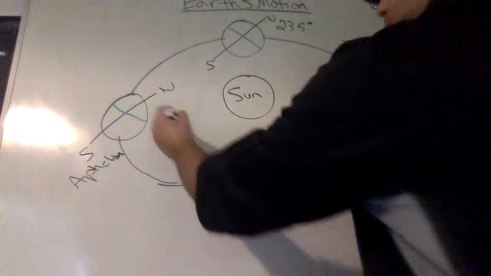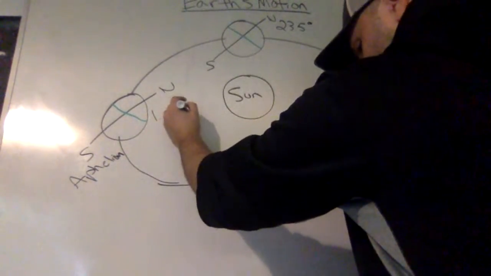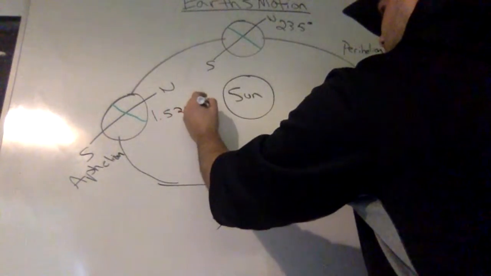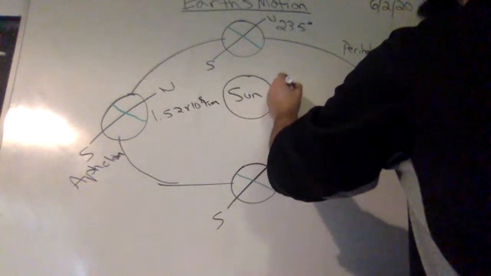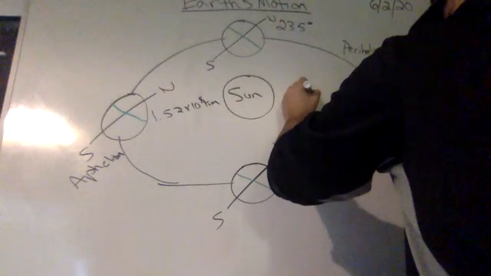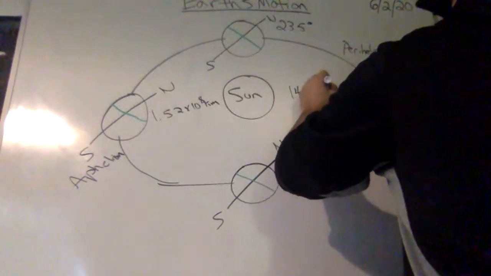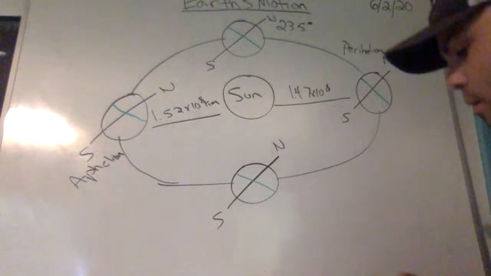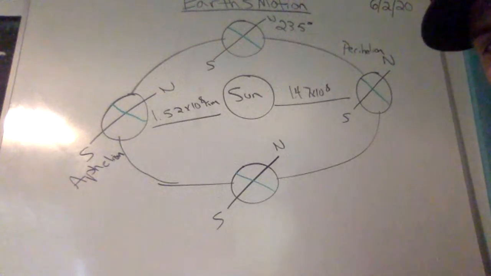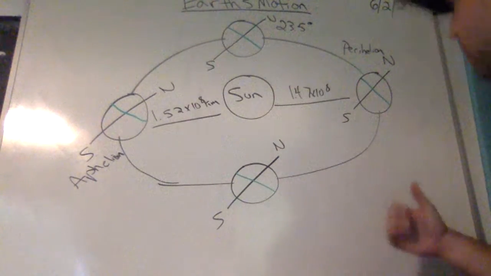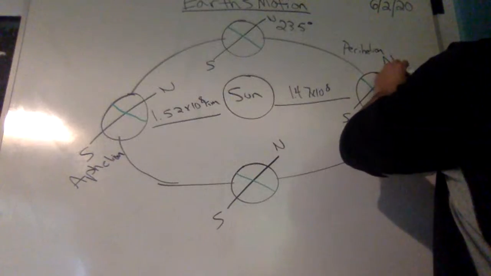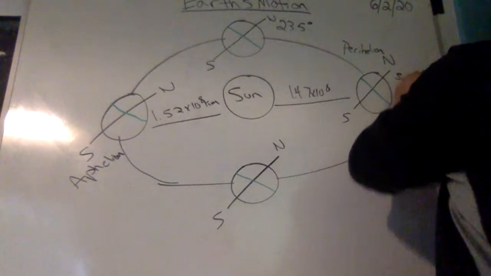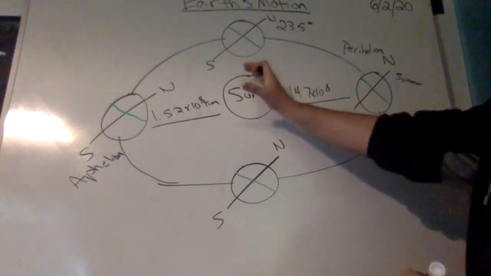And it shows that because it's 1.52 times 10 to the 8 kilometers. And then on this side, the distance is 1 times 10 to the 8, okay? That's the distance. So we're asking what month are we in, or what season? We're actually going to be in the summer, okay? Because it's tilted and it's facing this way.